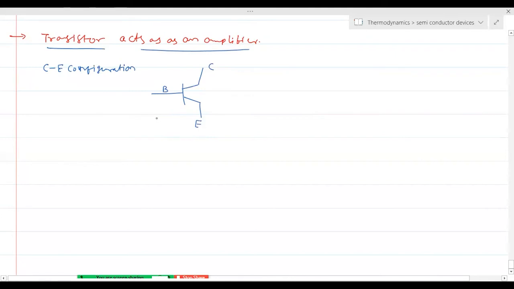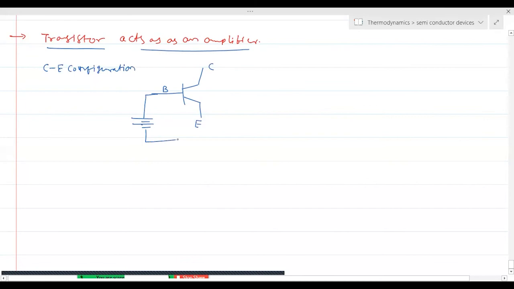That means between emitter and base we connect a battery, which is VBB. This is called the input battery. I'm taking the simplest form of the picture here.